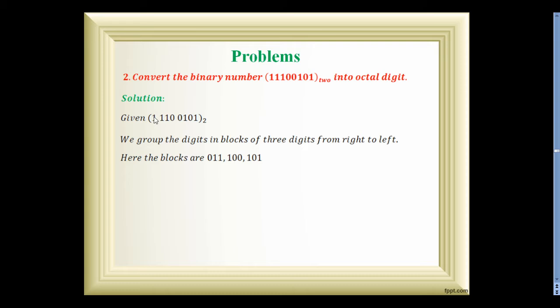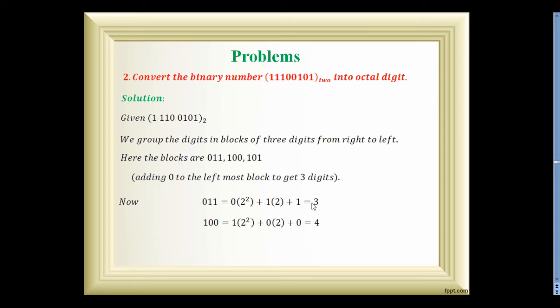Now adding 0 to the leftmost block, we can find each group value. 0 1 1, the value is 3. Next 1 0 0, on simplifying we get 4. 1 0 1, on simplifying we get 5. So finally the given binary number in base 2 is converted into the octal number 345 base 8.